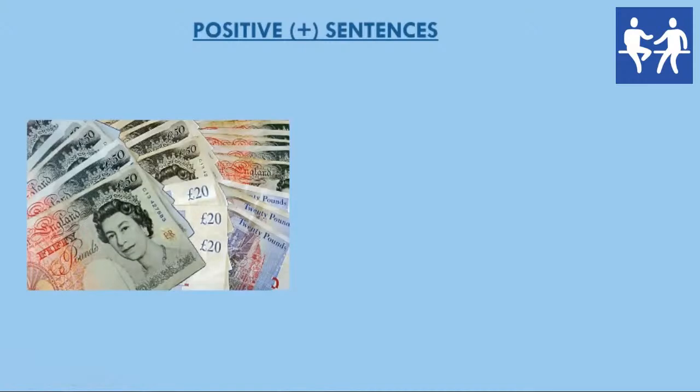How can we put this into a sentence? My friend has a lot of money. So a lot of is a quantifier. It shows a large amount.